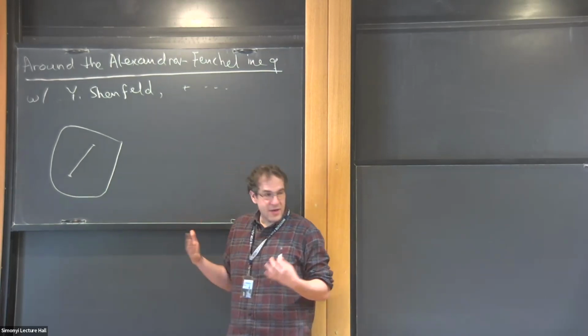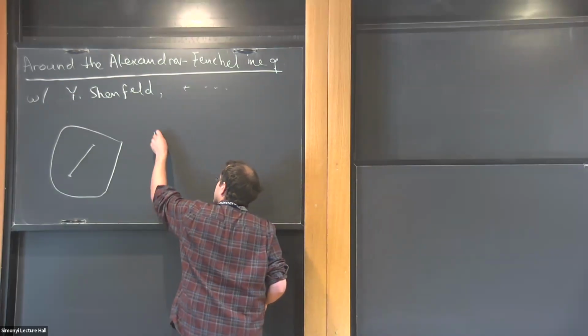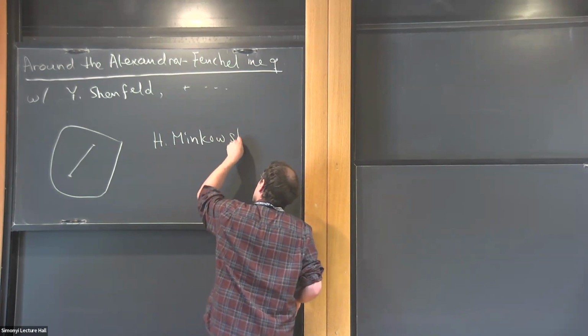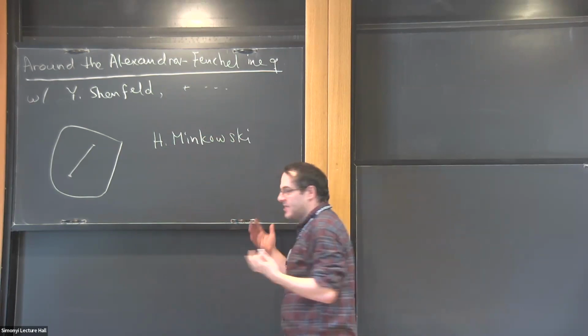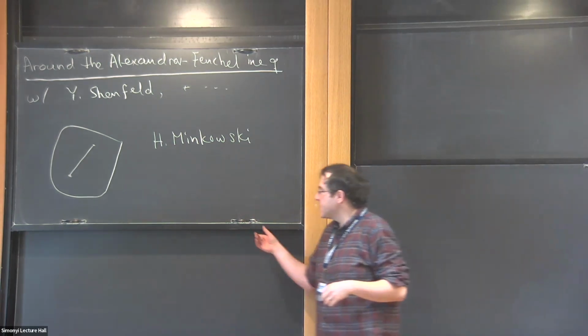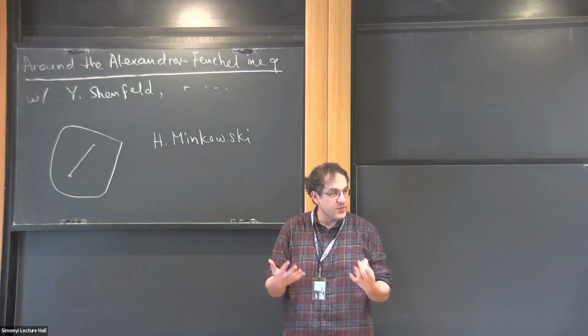And I don't think that was obvious in the beginning of this subject, and it was Hermann Minkowski. I think convex sets were studied in the 1800s before that for their own sake, but it was really Hermann Minkowski who discovered the importance of convexity as a fundamental principle in mathematics.